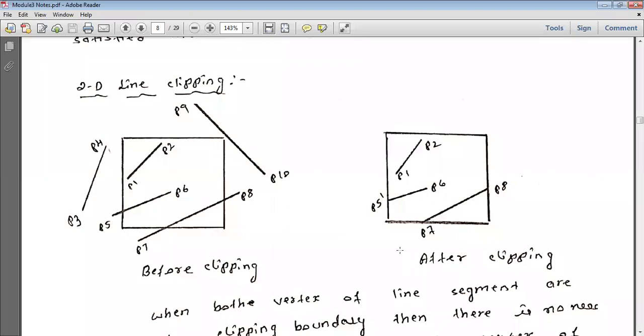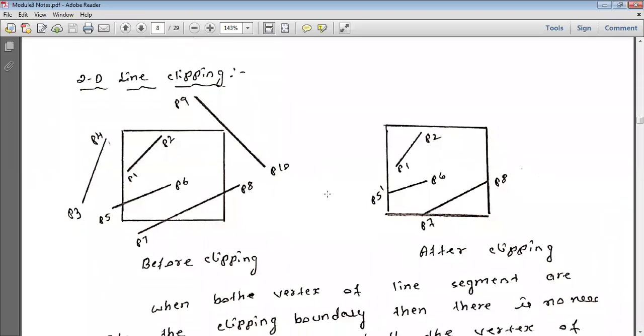The second part is what to do when the complete line is inside, when the complete line is outside the clipping region, and when a part of the line is inside and a part is outside the clipping window.